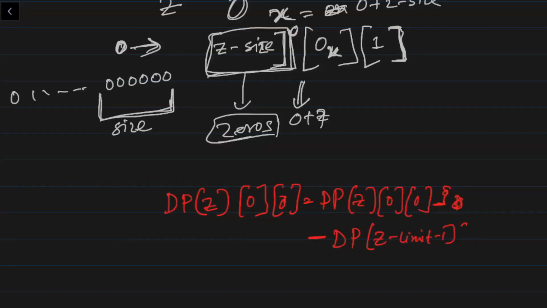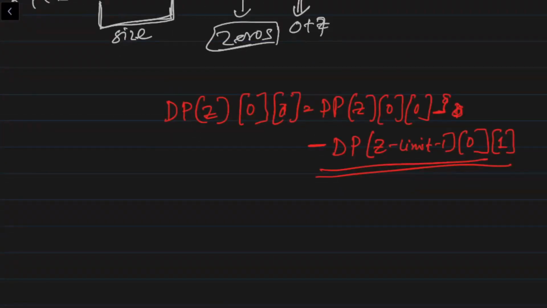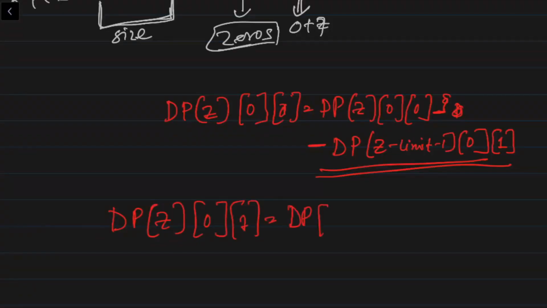Then we have put all the zeros here and all the ones here, and it's ending with 1, so we have to subtract this portion. Similarly, we can write for 1 as well. If it is ending with 1, it's going to be dp of z, o, 1, minus dp of z, 1 minus limit.